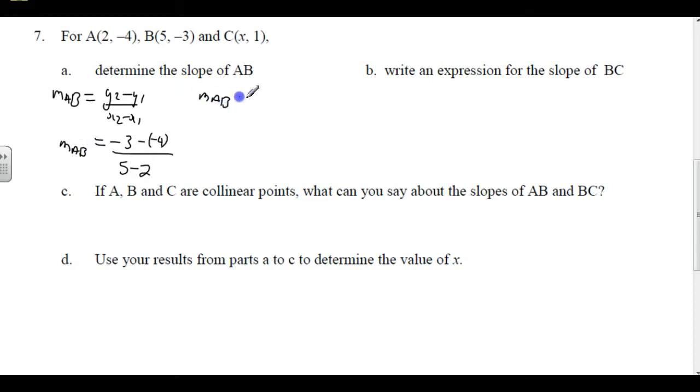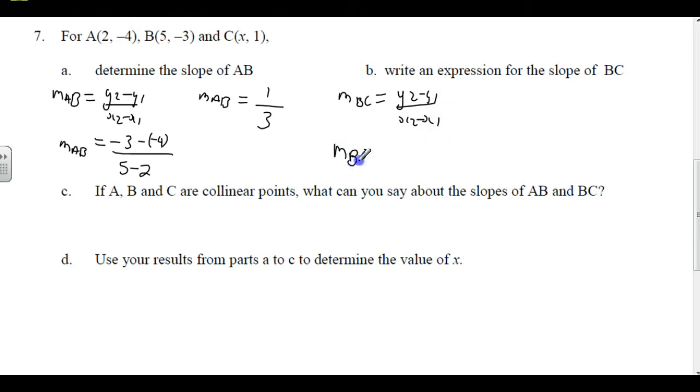So the slope of AB, that's -3 plus 4, which is 1, and 5 minus 2 is 3. So that's 1/3. Right, an expression for the slope. Now we can't determine the slope of BC because we don't know this value, but we can write an expression for the slope of BC. Okay, y2 minus y1, x2 minus x1.